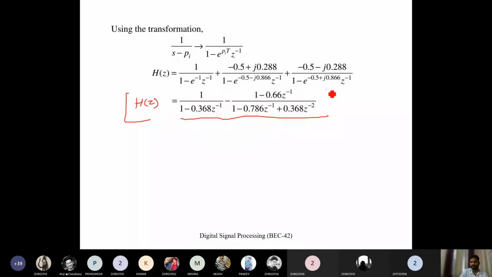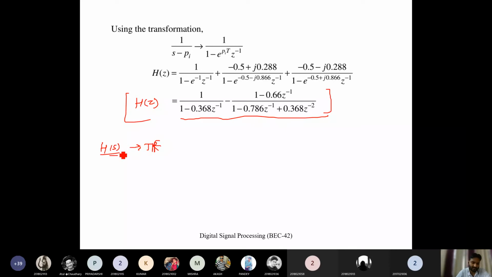Here, initially the analog transfer function was given. H of s was already given in the question.